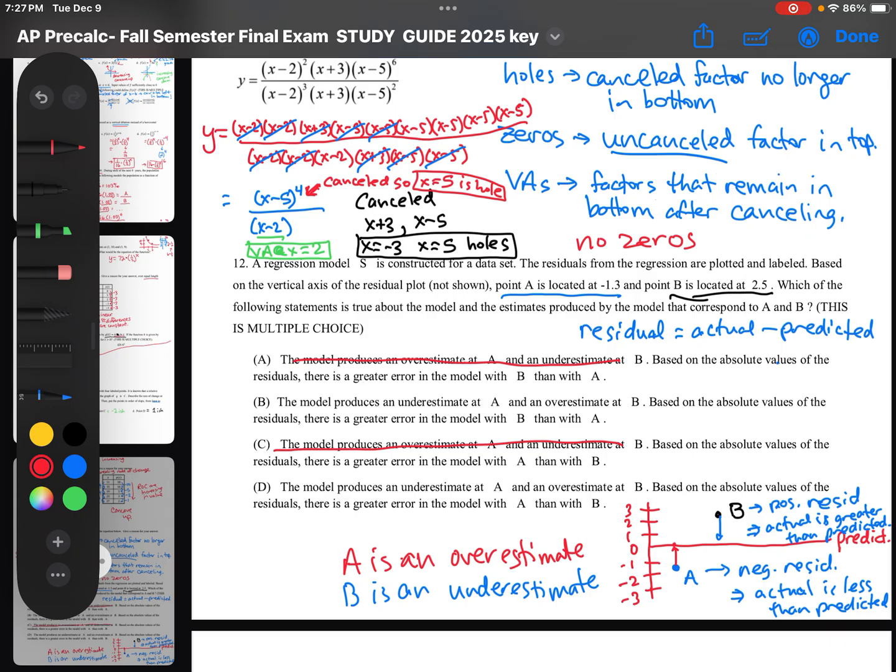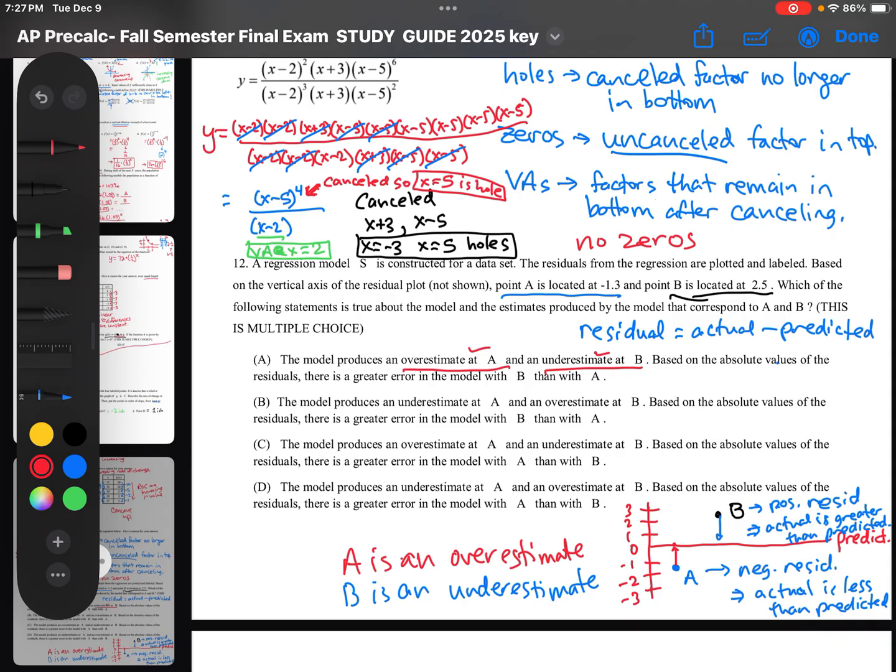So if I look at this, the model produces an underestimate at A. Hold on, I think I actually eliminated the wrong choices here. Sorry, I was misreading those. Actually, model produces an overestimate at A, that's good. Underestimate at B, that's also good.